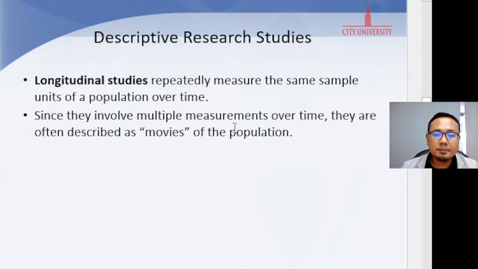Since they involve multiple measurements over time, they are often described as movies of the population. That means we can evaluate the effect of, for example, a training program. So again, as you can see, after we decide the objective of our study, then we can identify our research design.